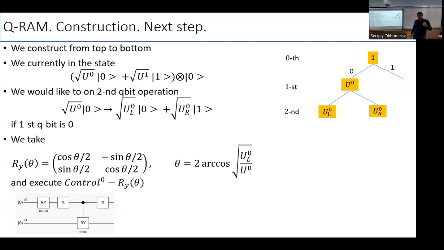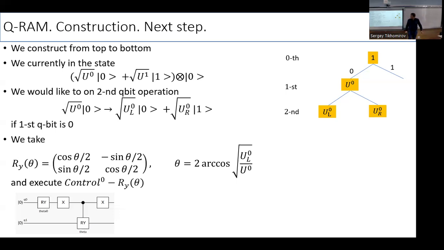But now I do not just apply it, but controlled by 0. If the first qubit is 0, then I apply it. So this would be a controlled Ry, and those 2 NOT operations make it controlled by 0.